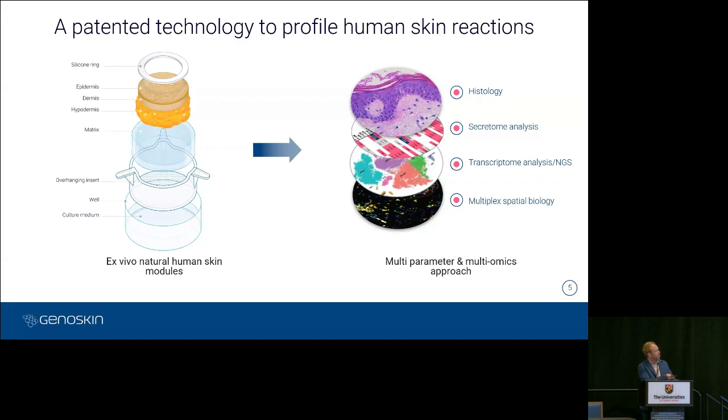And those biopsies are then encased within a matrix composed of human proteins that maintains the physical, mechanical properties of the tissue. And on top of that, a silicone ring is glued to maintain the natural tension on the surface of the skin. And this is actually a critical component, maintaining the biophysical properties of the tissue.